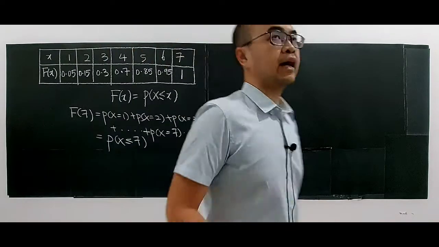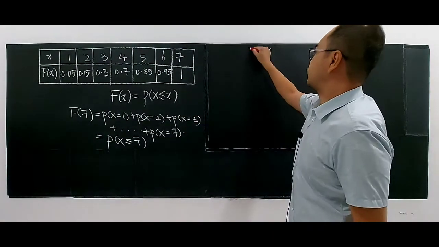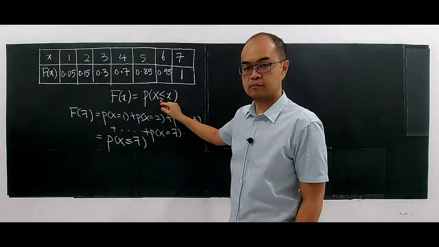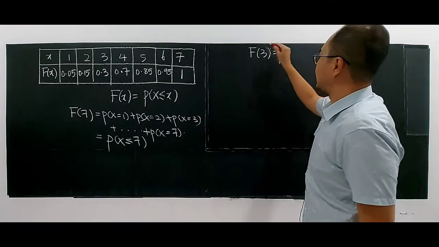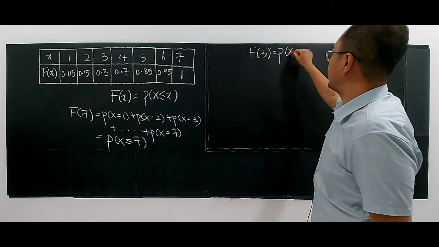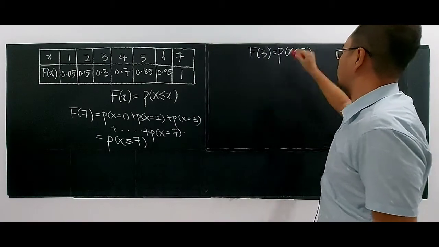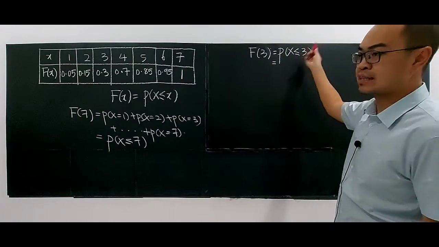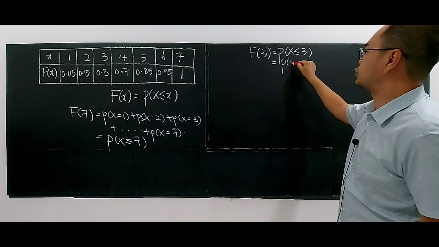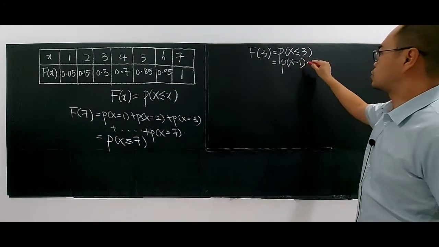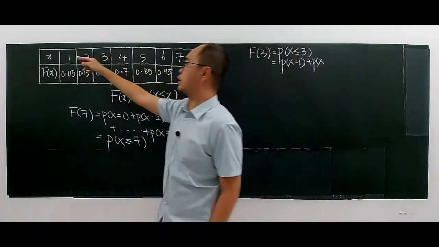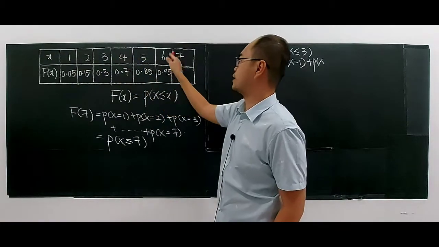So what if I ask, what is F(3)? F(3) is another way of writing P(X less than or equal to 3), alright? What is meant by P(X less than or equal to 3)? It's the summation of the probability from X equals 1. How many random variables are here? There are 1, 2, 3, 4, 5, 6, 7.